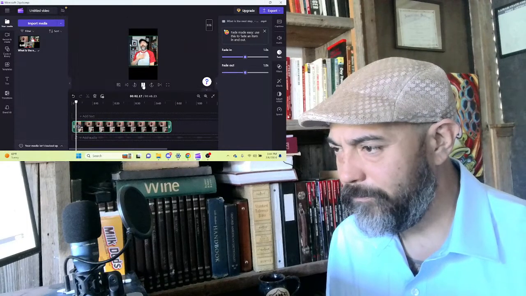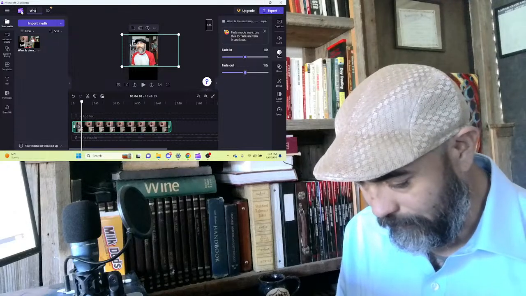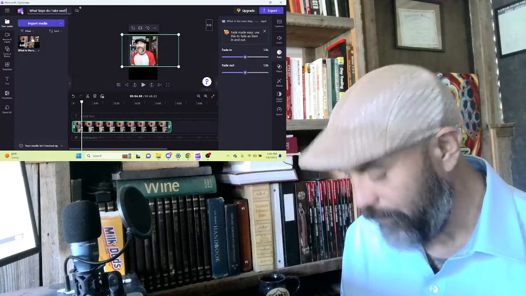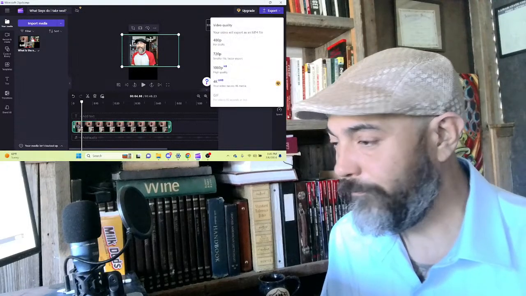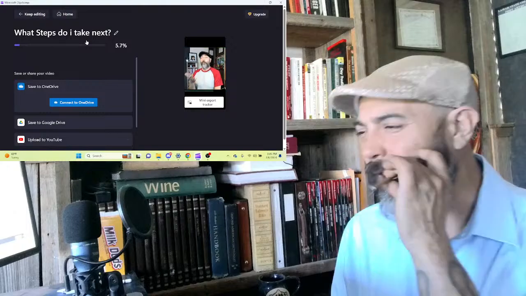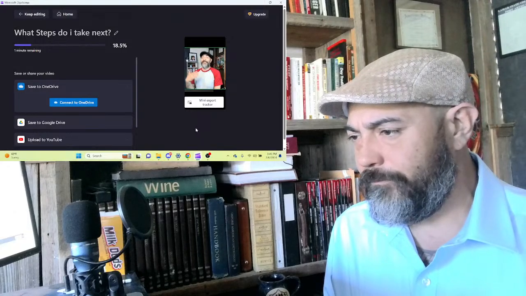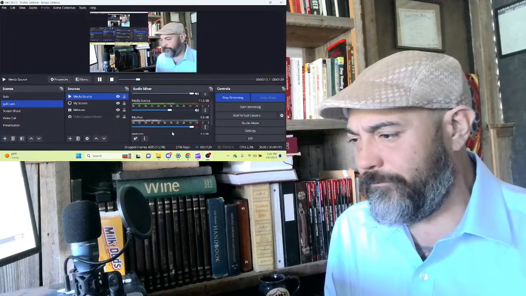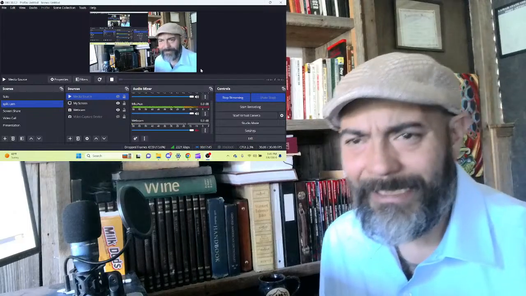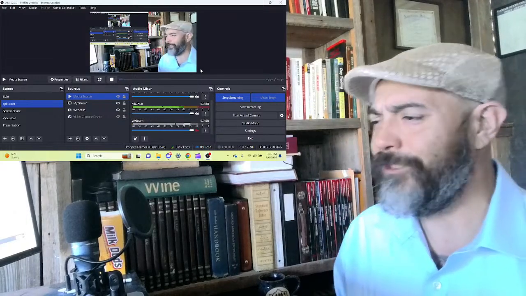Yeah, and now that I know what it looks like, what steps do I take to make that happen? As you can see, guys, it doesn't take very long to chop some of this longer stuff down to the smaller stuff, turn it into the right orientation, and get it going.